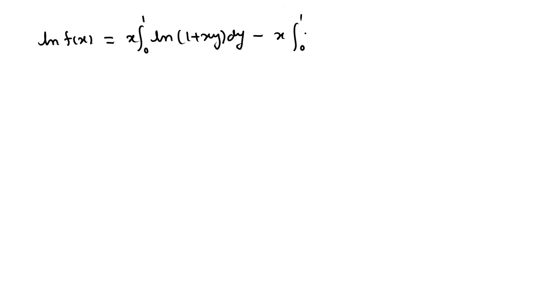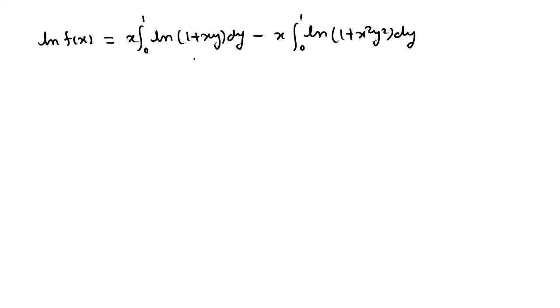So we see that ln f(x) will be the integral from 0 to 1 of x ln(1 + xy) dy, minus x times the integral from 0 to 1 of ln(1 + x²y²) dy.